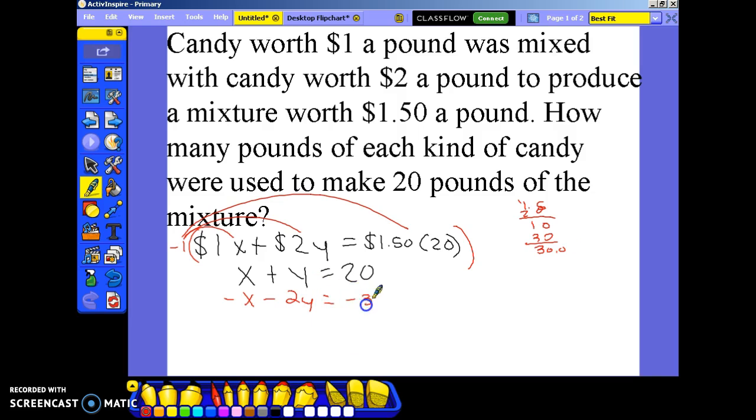So that's going to be -30. When I add these together, x minus x, those cancel out. Y minus 2y is -y. 20 minus 30 is -10.